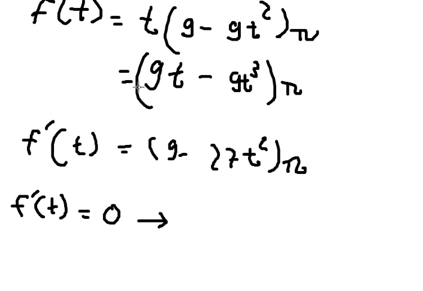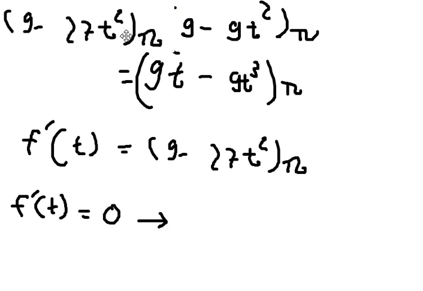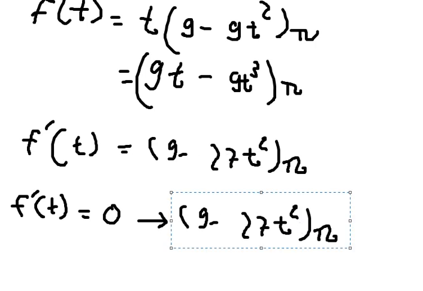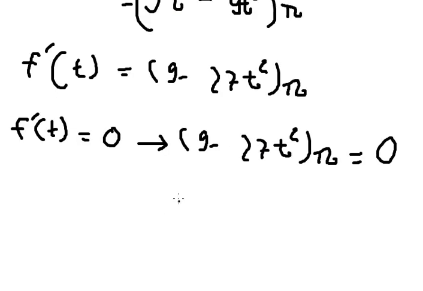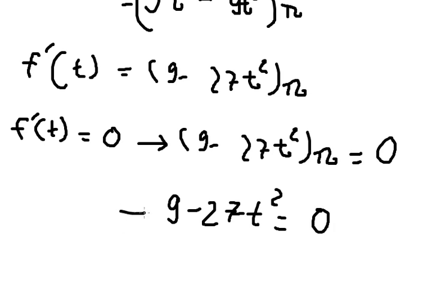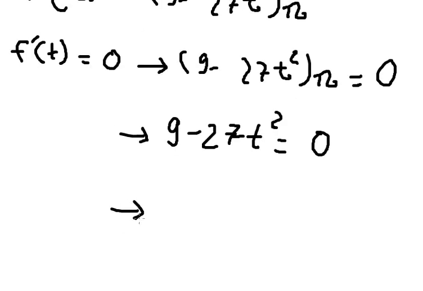So that means this one equals 0. And now we have 9 minus 27t squared equals 0. So we can find the value of t squared, that is 1 over 3.